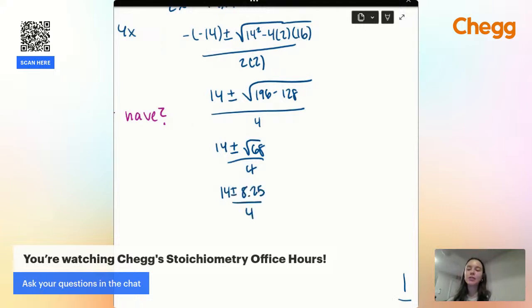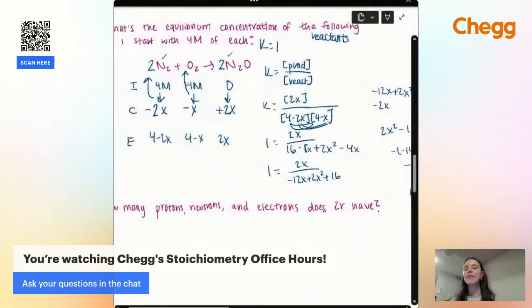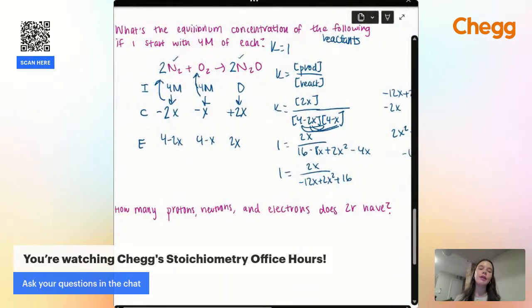I did a great job of creating these numbers because these are the easiest numbers I've created so far in any of these live streams. But now let's do 14 plus 8.25 divided by 4 or 14 minus 8.25 divided by 4. The way my teacher taught it is you can never have a negative equilibrium molarity.